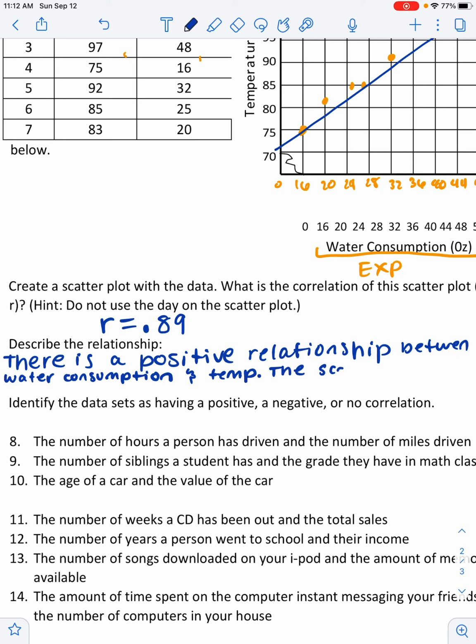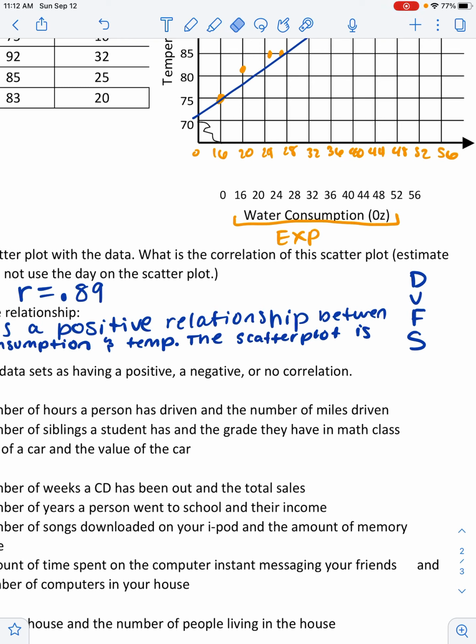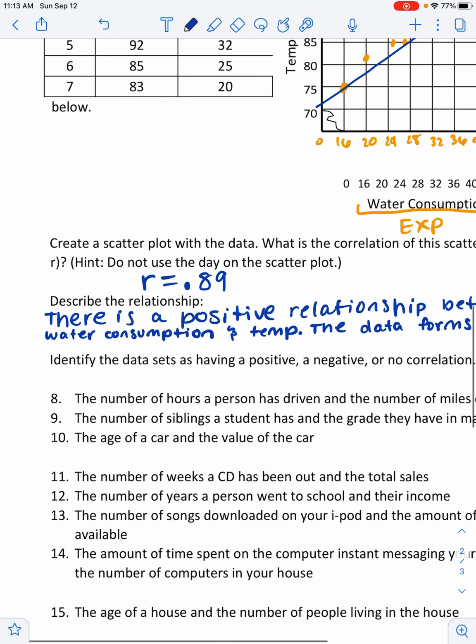The scatter plot, or actually I'm going to say the data forms a fairly tight line. There are no unusual features.